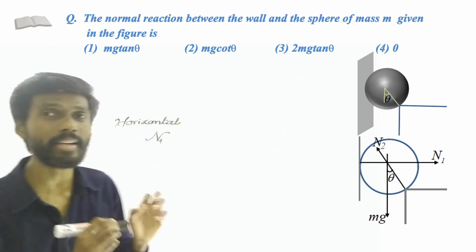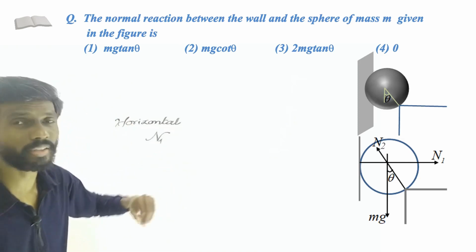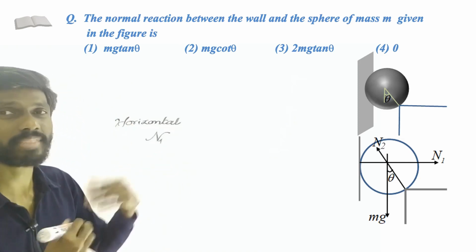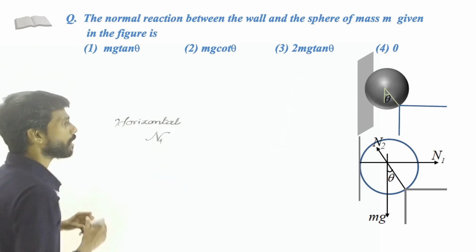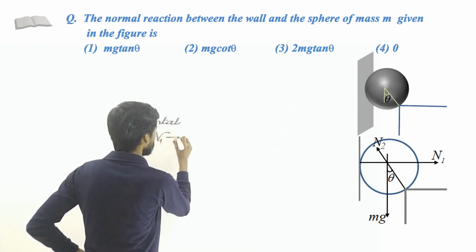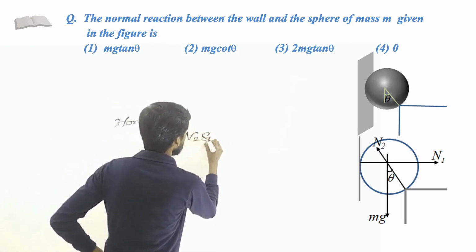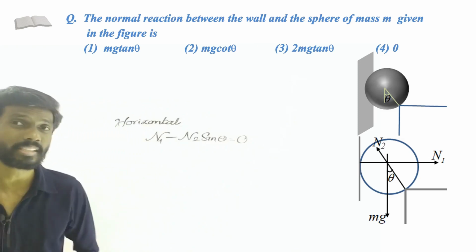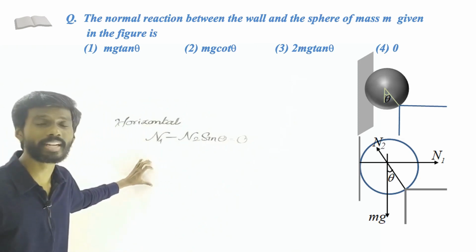With the vertical, the angle is theta. With the horizontal, the angle is 90 minus theta, so its component in the horizontal direction is N2 sin theta. So N1 minus N2 sin theta equals 0. This is the total force in the horizontal direction.